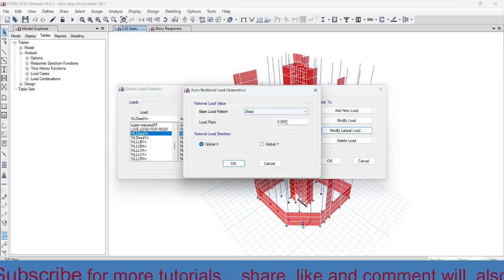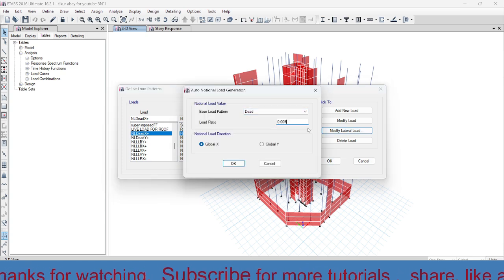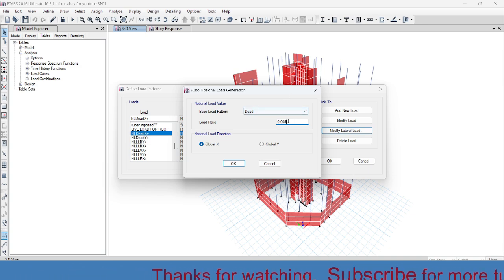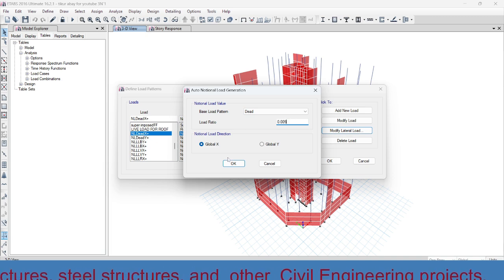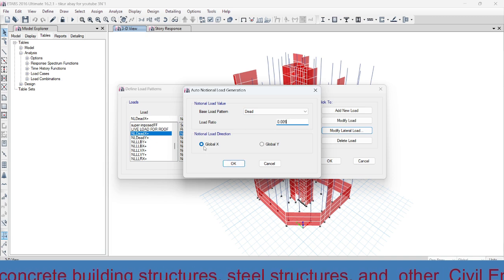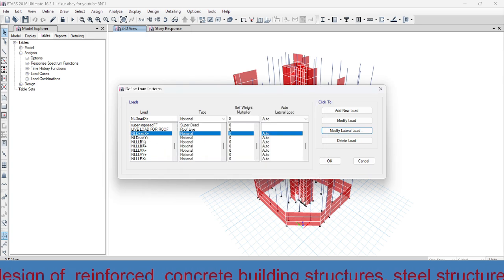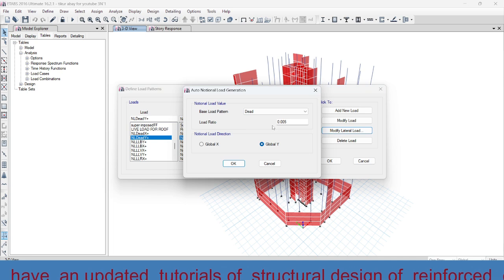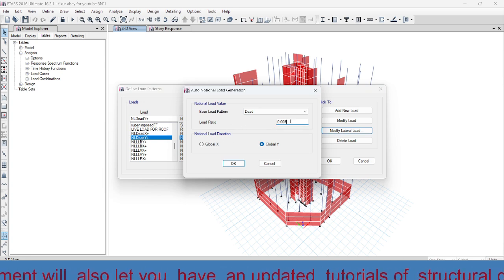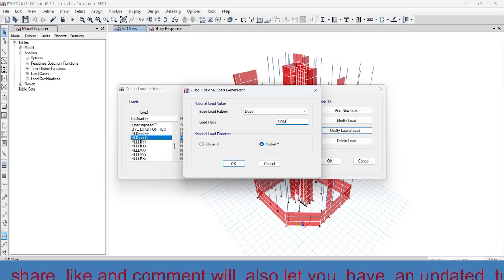Here we have a dead load, and here we have the phi angle, and in y direction we can apply it in this way. So the dead load multiplied by 5% will provide the notional load in x direction, and here also the dead load in y direction. Here it is the phi value.